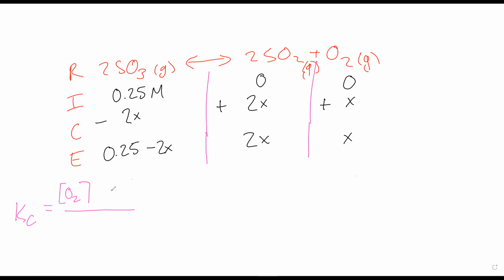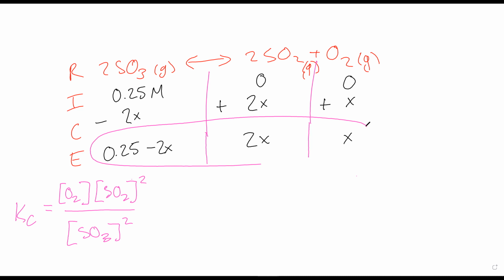So Kc was the concentration of O2 times the concentration of SO2 squared divided by the concentration of SO3 squared. Now, if I know what each of those concentrations is represented based on x, then I can plug it in.